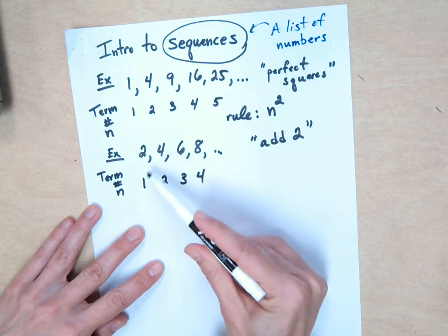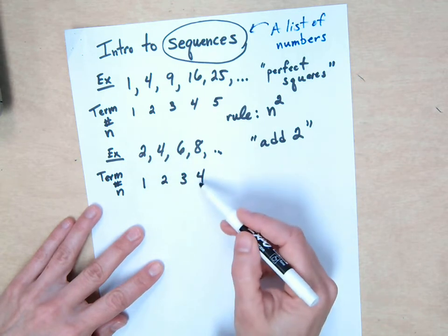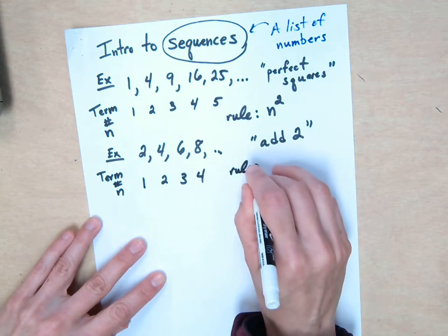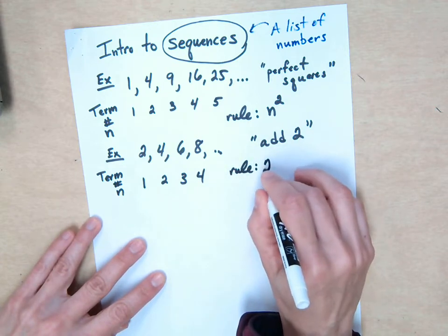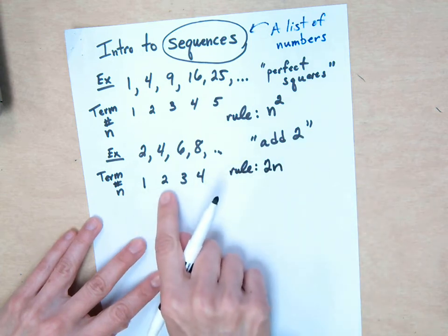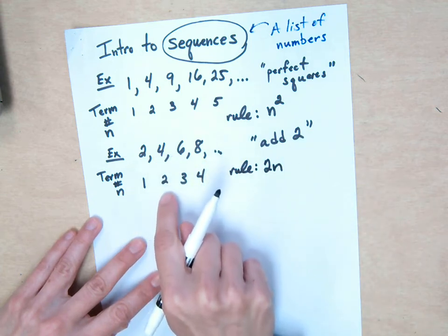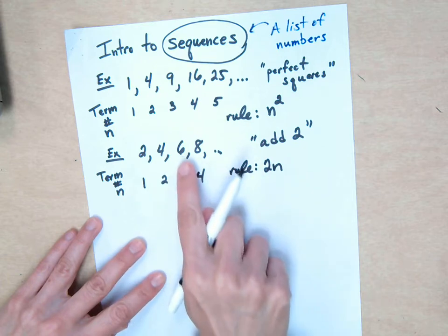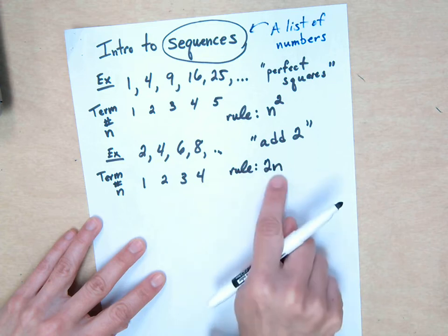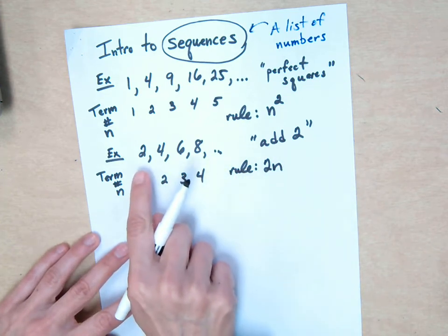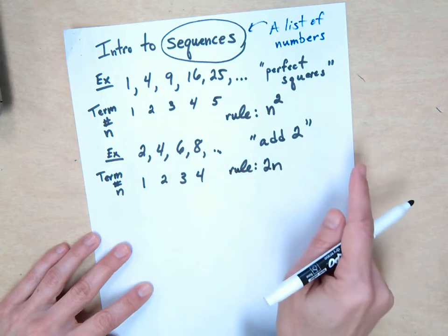Well, you're multiplying by 2, so the rule, which again you don't need on your homework, I'm just giving you a preview, is 2n. To go from the term number to the actual sequence number, you multiply the term number by 2. 3 times 2 is 6; if you plug in 4, 2 times 4 is 8, etc. But to go from one term to the next, you're actually adding 2.